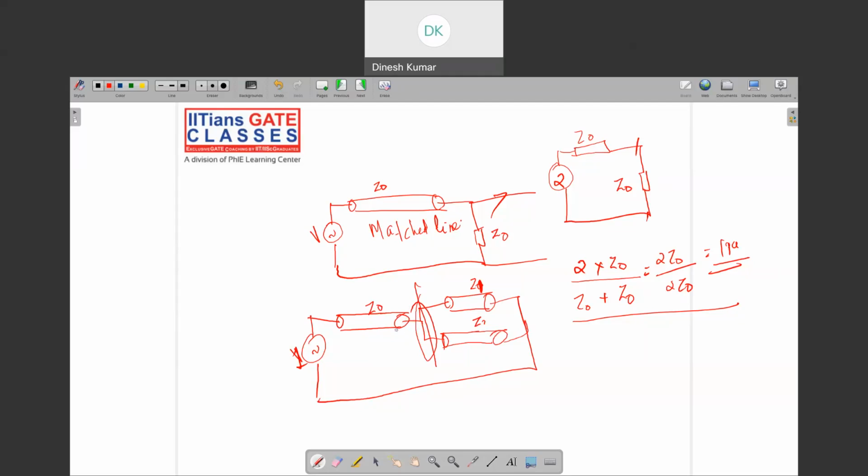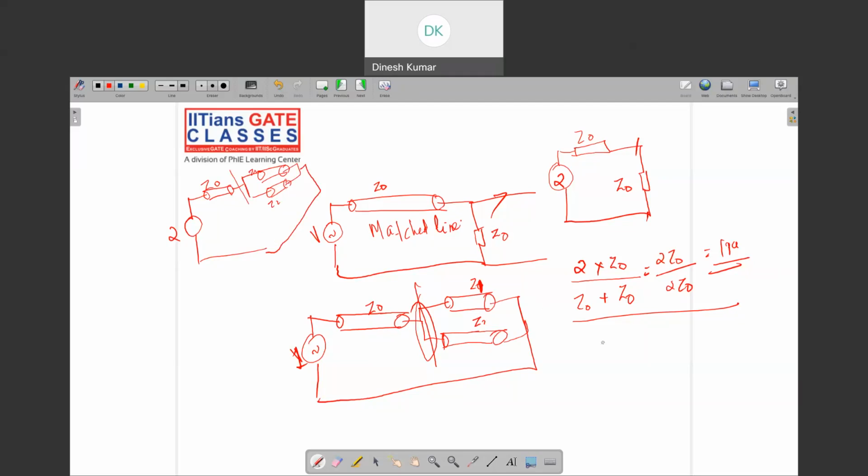We can use the same thing, the Thevenin equivalent of this one. Here it will become 2E, here it will become Z0. Then we connect this, Z1 and Z2. We have to find the voltage across this.